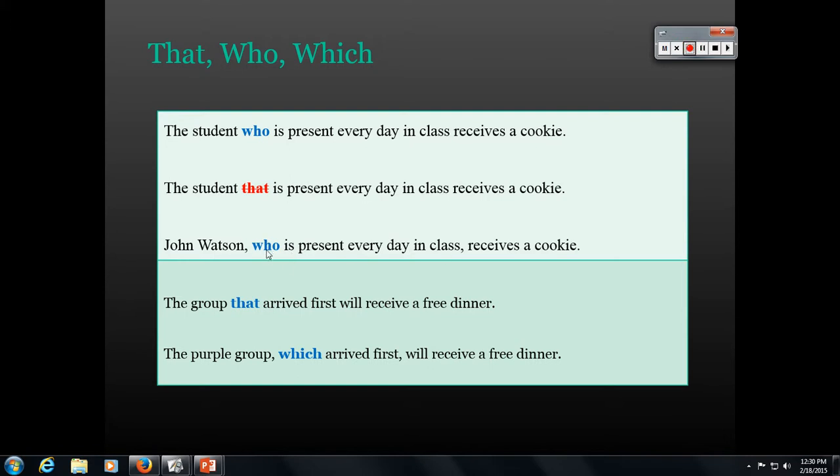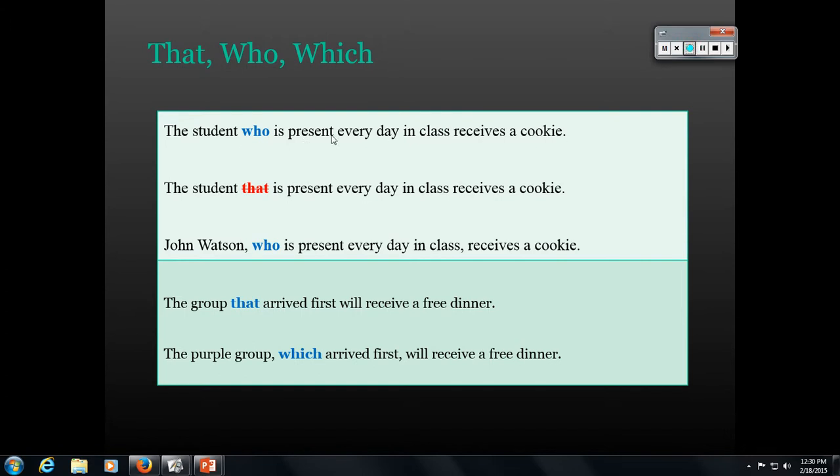We know that this is non-essential to the basic sentence. This is a dependent clause. Your independent clause is John Watson receives a cookie. Okay? Is it necessary to know that he's in class every day to understand that he received a cookie? No. The student who is present every day in class receives a cookie.